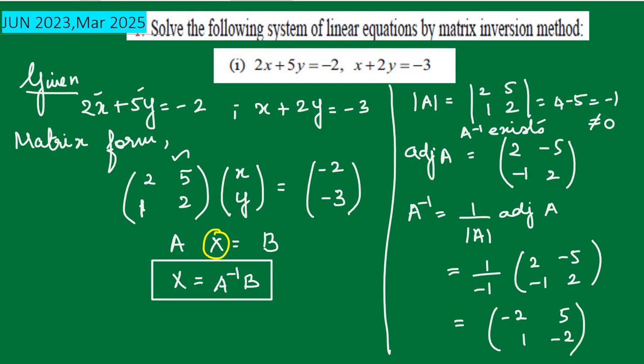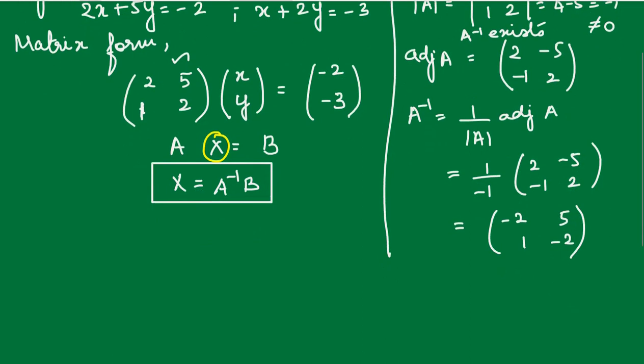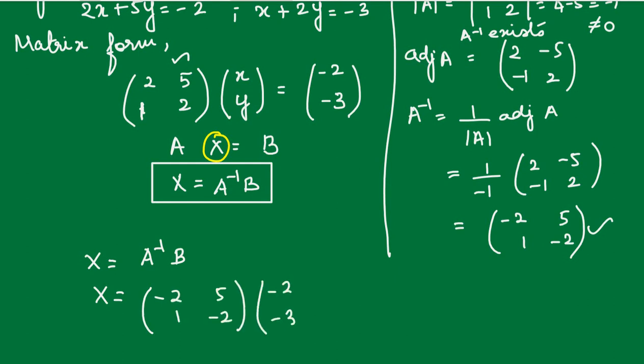This is A inverse. Now we are going to find what is X matrix. So X becomes equal to the product of A inverse and the B matrix. X is equal to A inverse matrix, which is known to us, that is minus 2 5 1 minus 2, into the B matrix, that is minus 2 minus 3. Now take the product, multiply the first row and the column here.